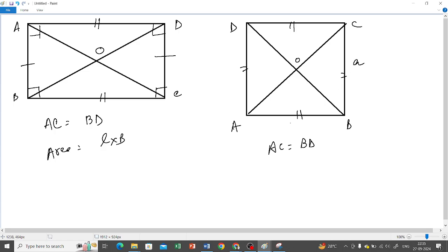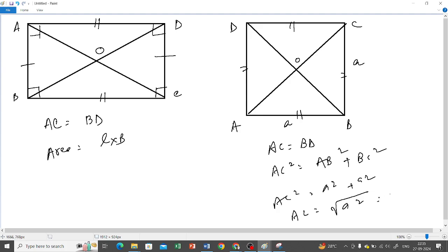If this side is A, then what is AC? AC can be found out by Pythagoras theorem. That is A square plus A square, so AC square, that is sorry, A root 2. Did you understand this?